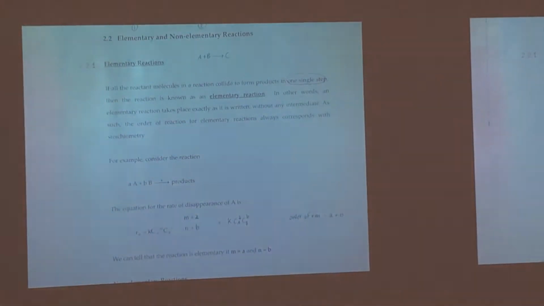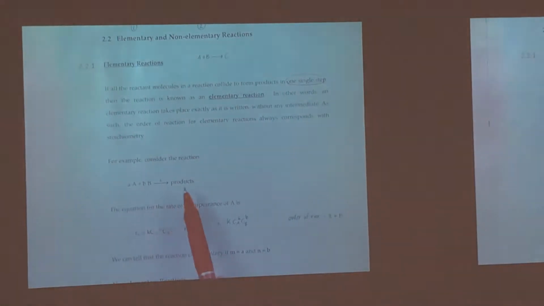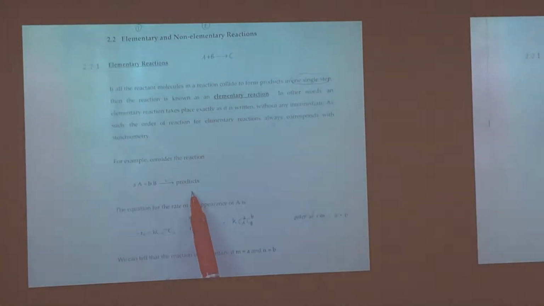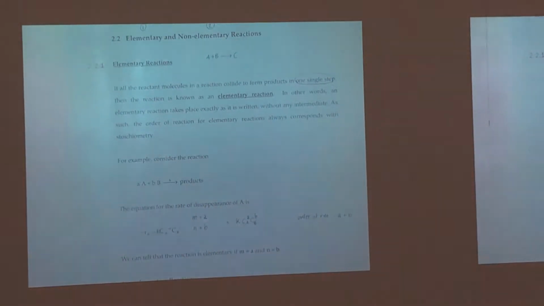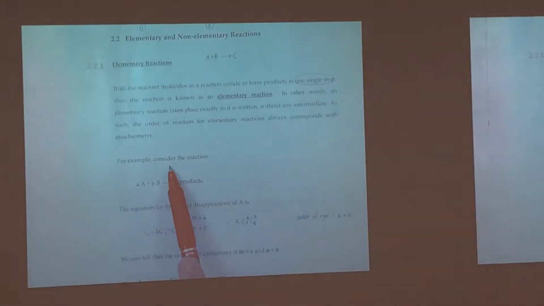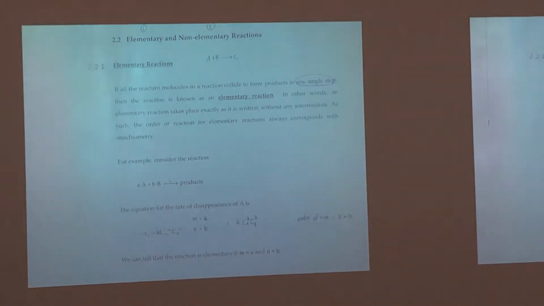So basically this is the first type of reaction. What about the second one? Just now I mentioned that this reaction is not straightforward. Even though we have A plus B, before you get the product, you may get an intermediate first.